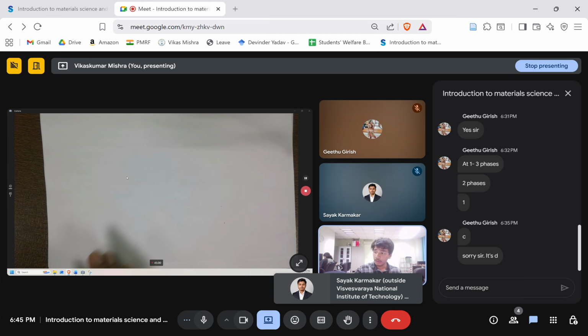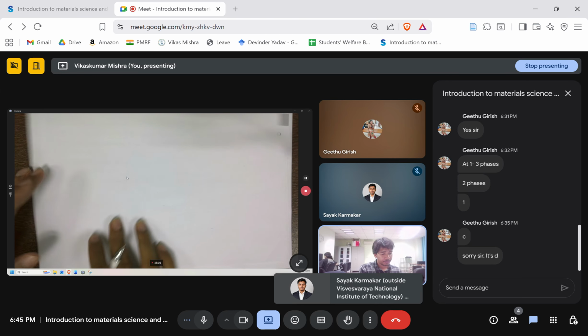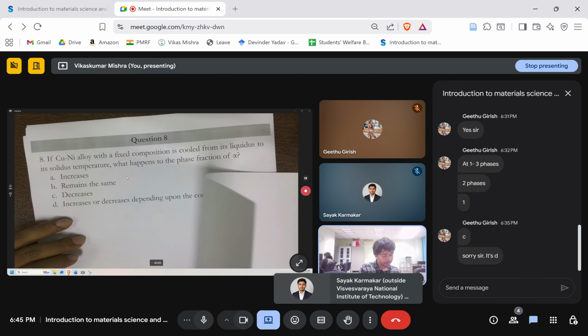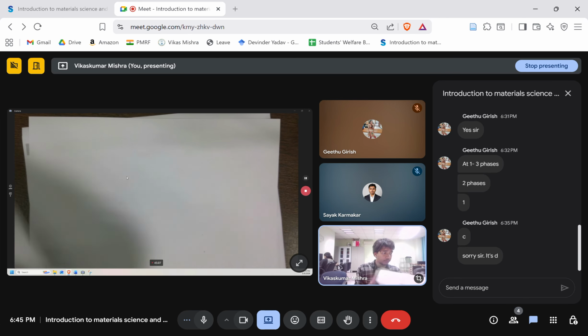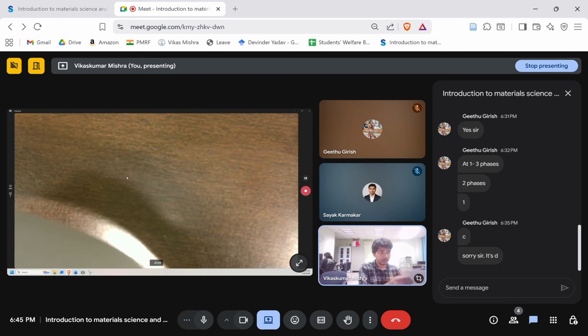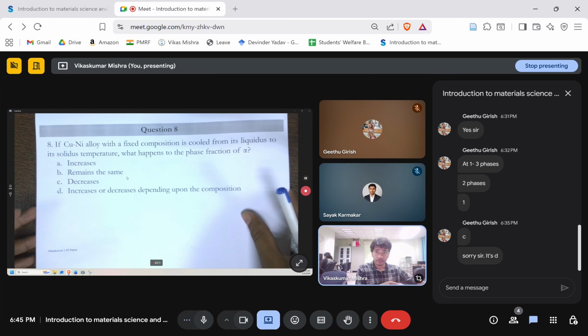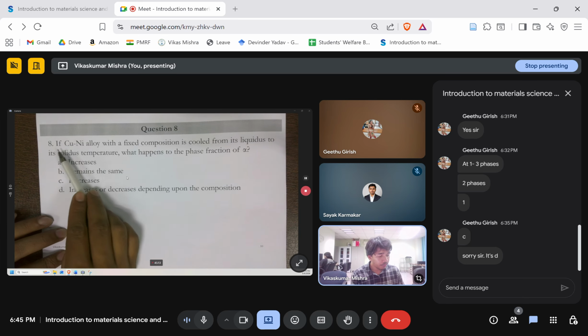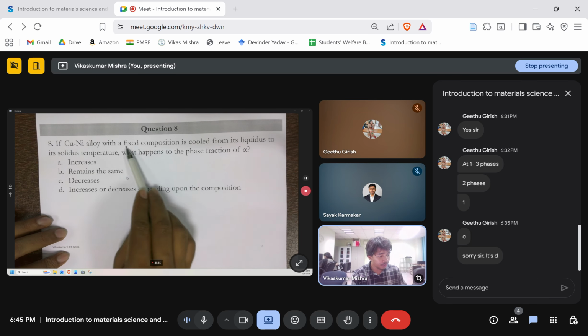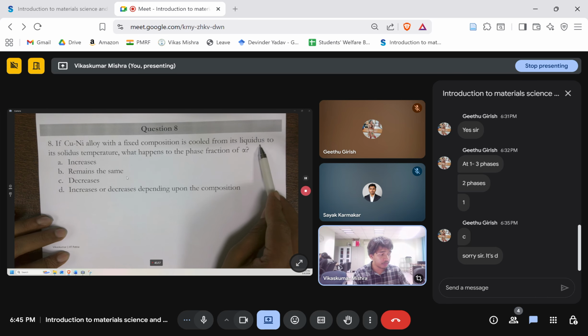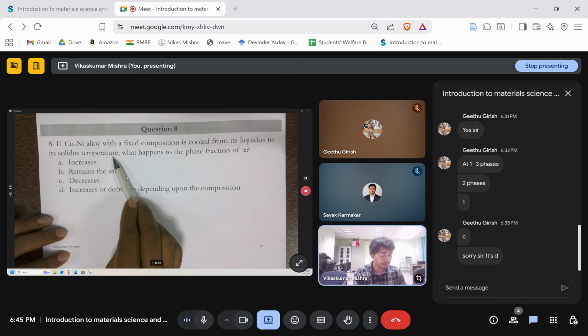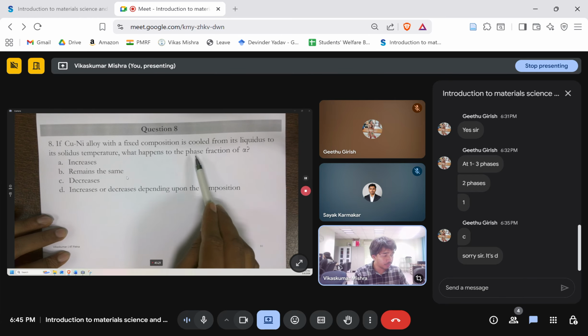Question number 8 says, if a copper nickel alloy with a fixed composition is cooled from its liquidus to its solidus temperature, what happens to the phase fraction of alpha?